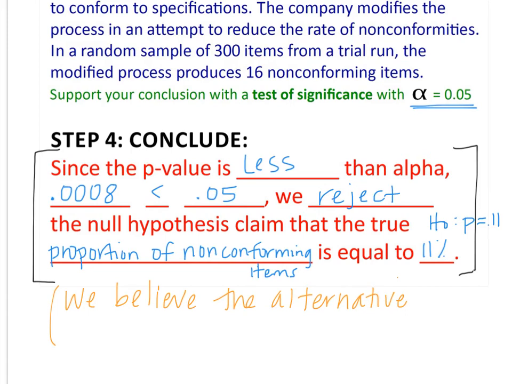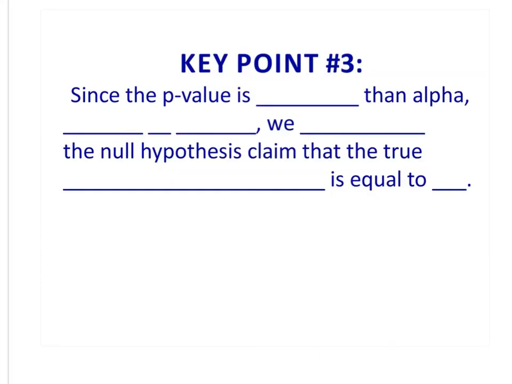And the alternative is that the proportion is less than 11%. So we believe that the alternative is true because my p-value is so small. I can't say that I accept the alternative. I can just reject the null. So it's a lot of wording, but that is how we interpret the p-value.